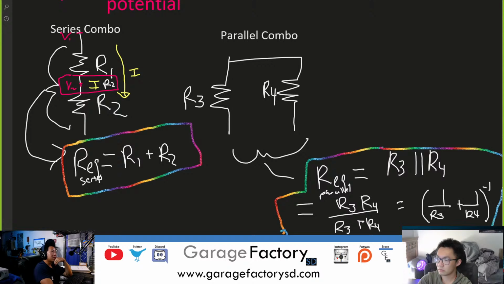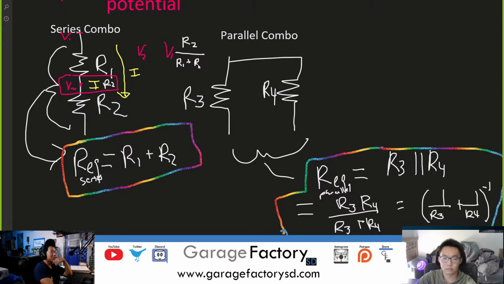And the other way to find out what V2 is, is to form a resistor divider. So V2 equals V1 times R2 over the series equivalent resistance.